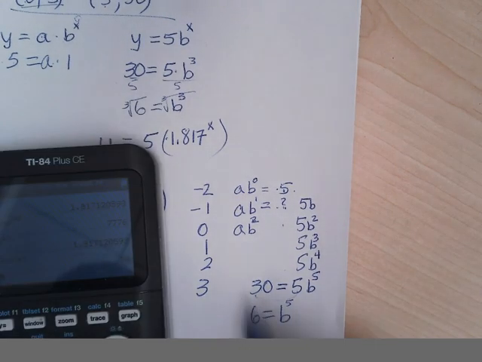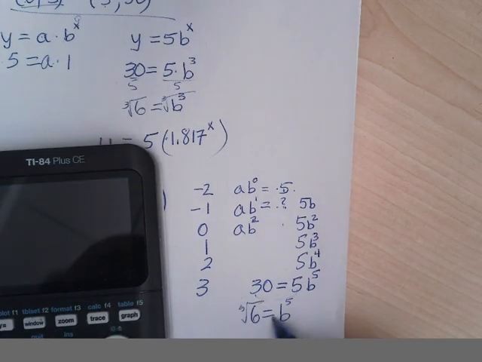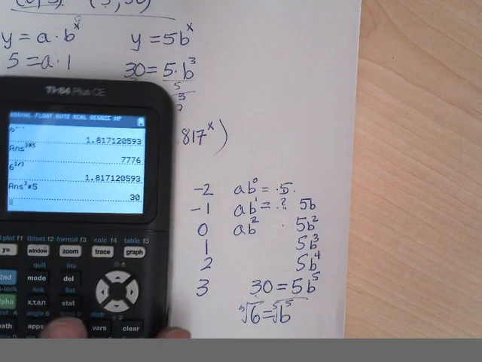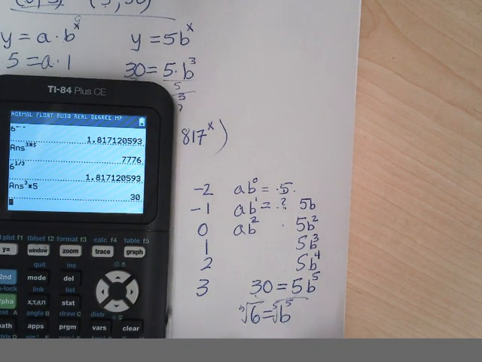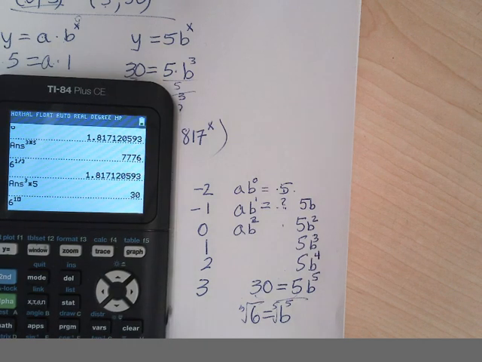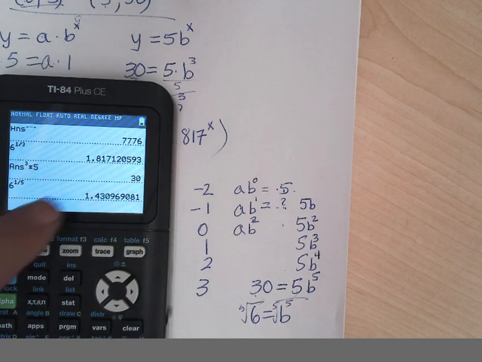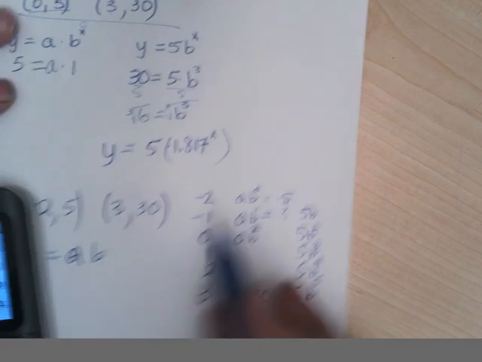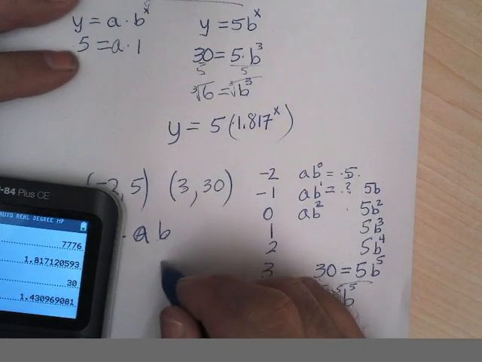To solve for that, I take the 5th root of both sides, 1/5 power, and I find that my base has got to be 1.43. So my base is 1.43.